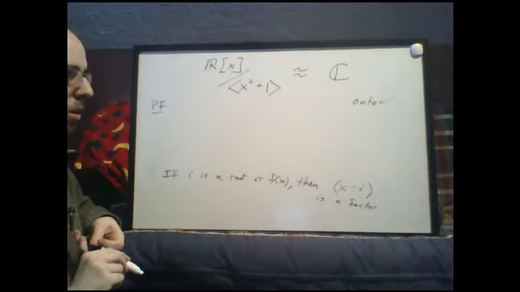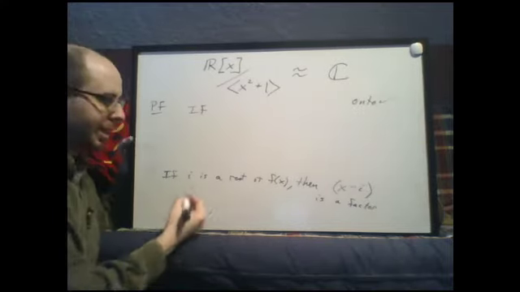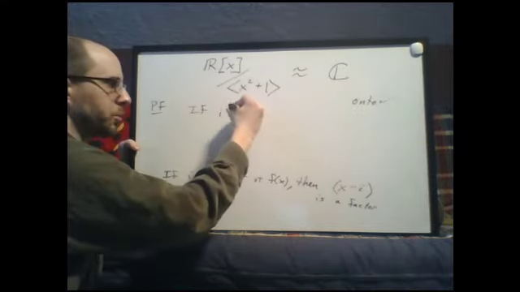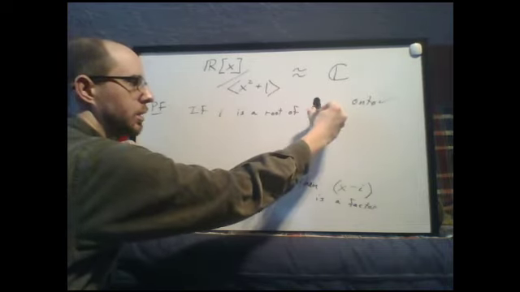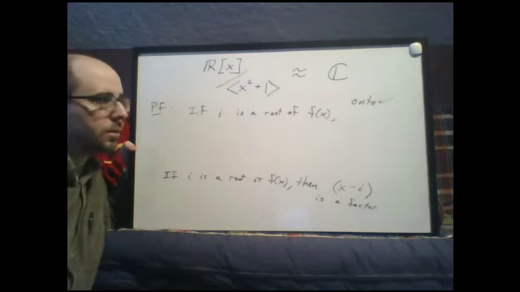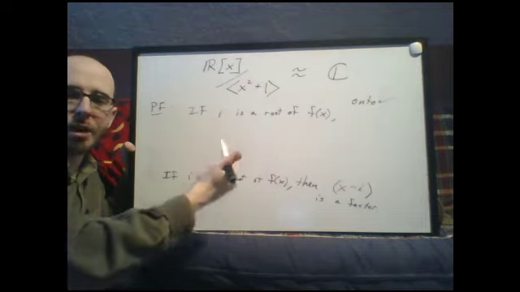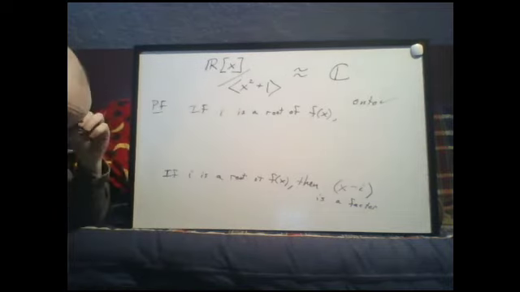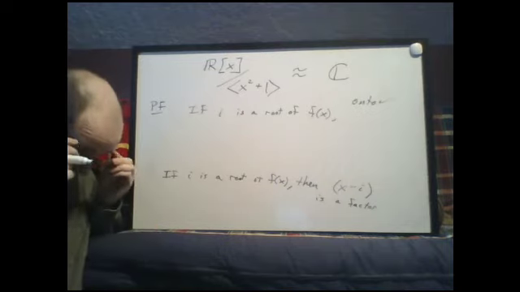But let's just do the short version. If I is a root of f of x, there was a fact in college algebra, however long ago you took that: if you have a complex root to a real polynomial, its complex conjugate also has to be a root.